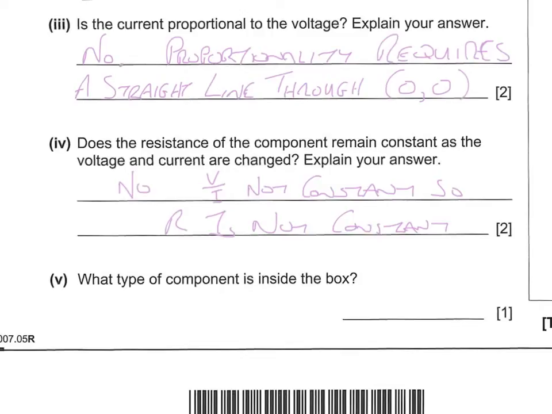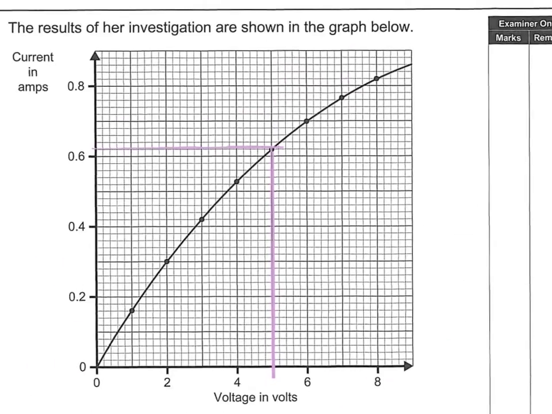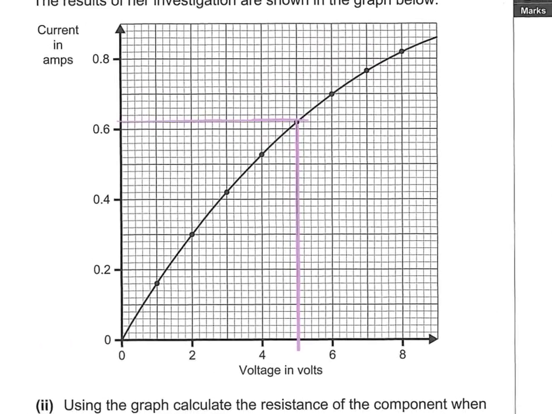And we're asked then, what type of component is this? So we need to look at the way this graph moves. Proportionality would be a straight line like this. It's bending this way. What's happening here is that to get this amount of current required 2 volts. So to get 0.3 there required 2 volts.